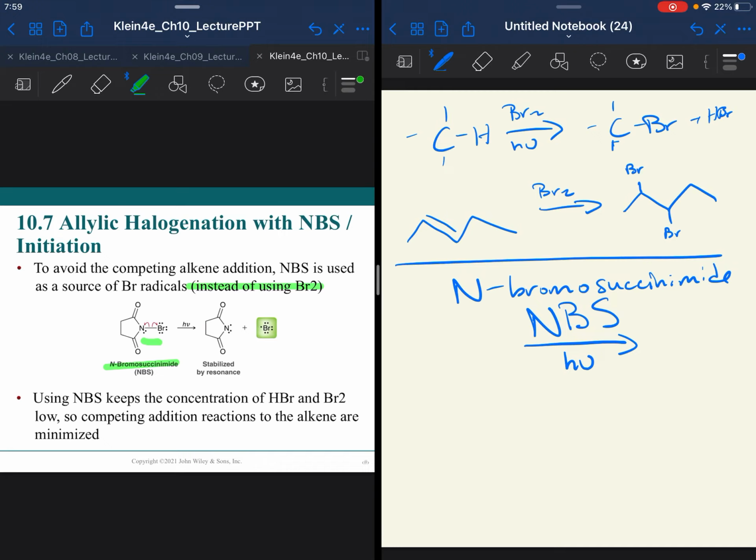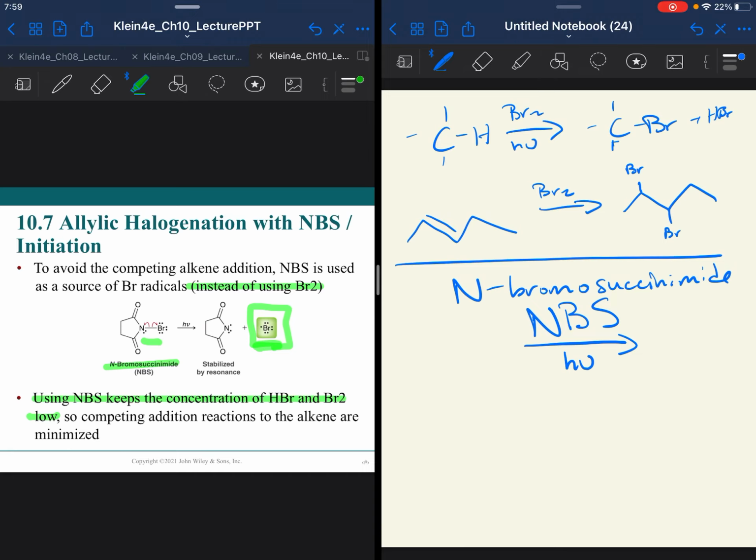So you can get a bromine radical without a large amount of Br2 present. This keeps the HBr and Br2 levels low, right? Because HBr and Br2 would both react with a double bond. So the most reactive species around will be the bromine radical.